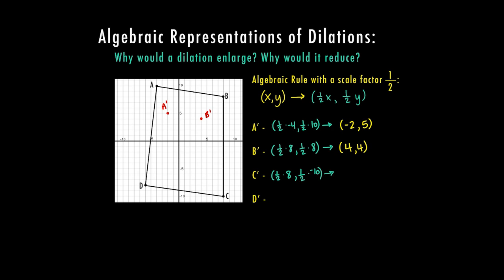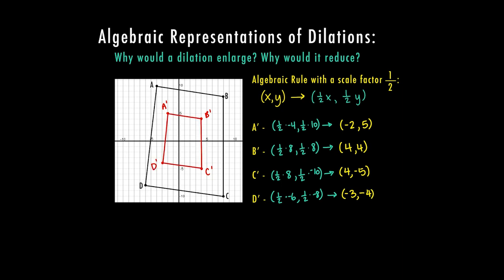So now I am going to be at (4, -5). Label that here, C prime. For D prime, I'm going to take half of -6 and half of -8. So my new point D prime is at (-3, -4).